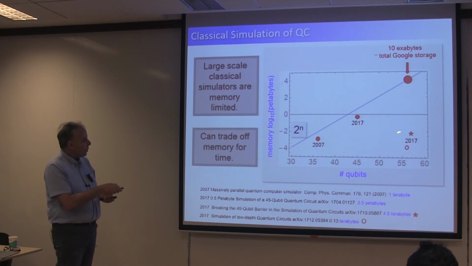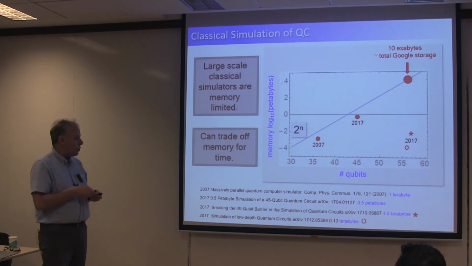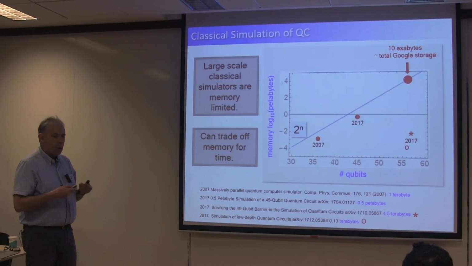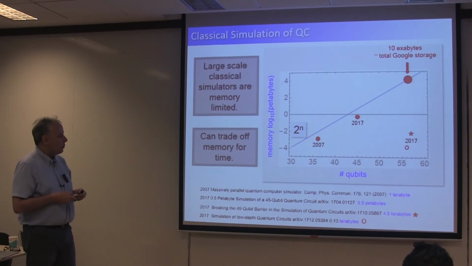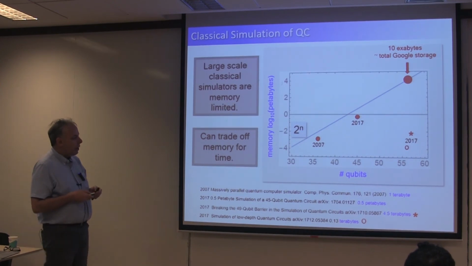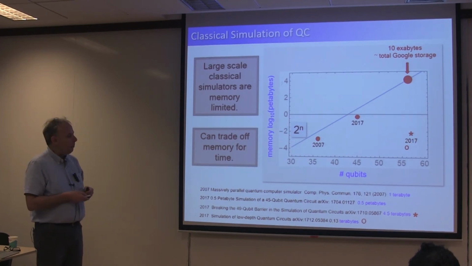But these were not full simulations. These were calculations of not the quantum state of the output, but the probability distribution, so a prediction of what measurements one would achieve with different probabilities. And these calculations traded off memory requirements against time.